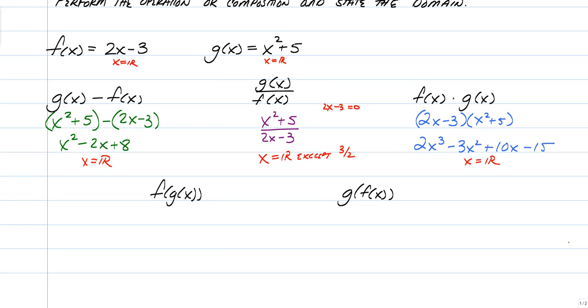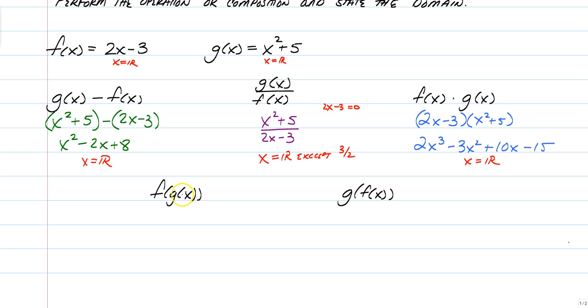A composition means you're going to take a function and substitute it into another function. So this means that f of x is going to have g of x substituted into it. So the one that's inside is going to go inside of the other one. So we have f of x, which is 2 times x and then minus 3.